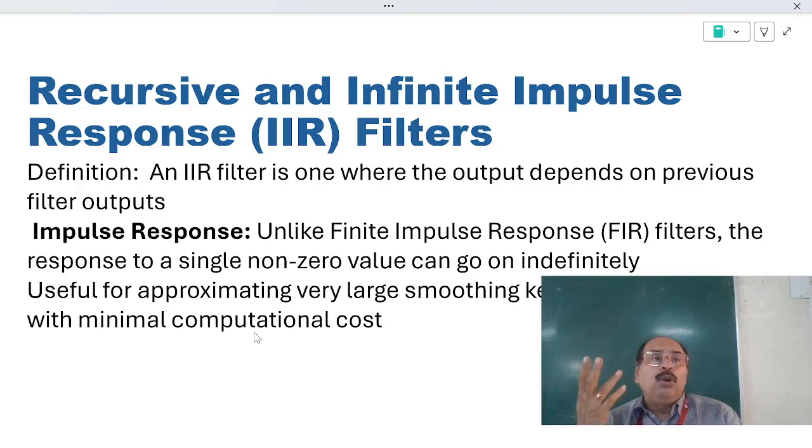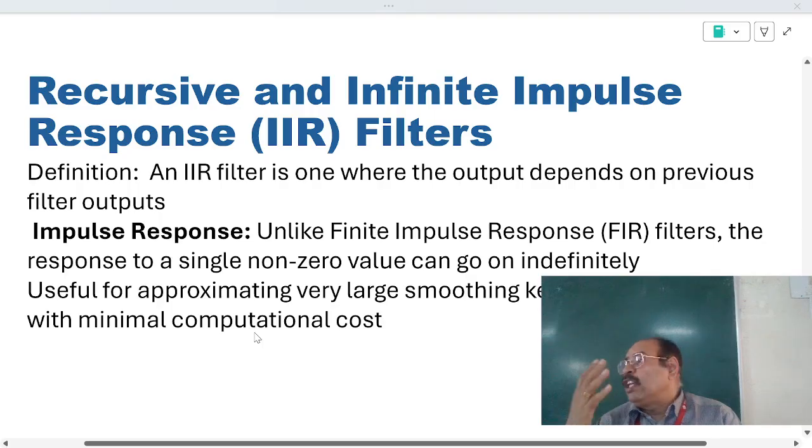We have two types, I told you, the finite impulse response and infinite impulse response. Unlike finite impulse response filters, the response to a single non-zero value can go on indefinitely.